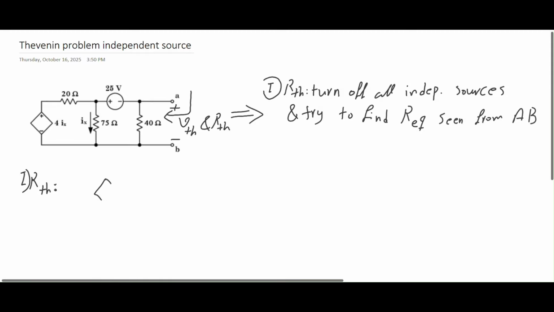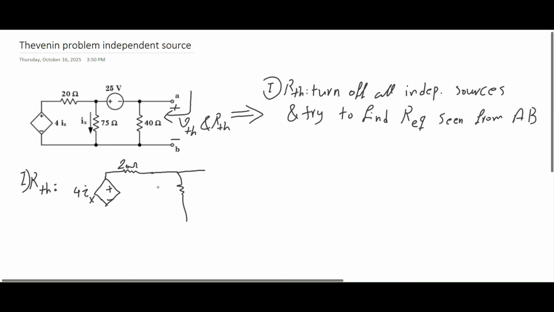I still have this dependent source, which is 4ix, and that goes to a 20 ohm resistor. And here, there used to be an independent source which turns to a short circuit because I'm turning it off to find the equivalent resistor, which is my Thevenin resistor.